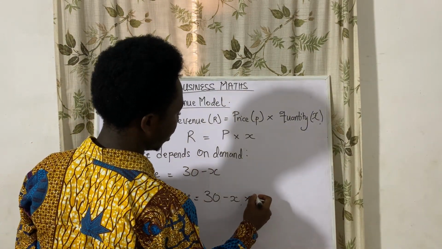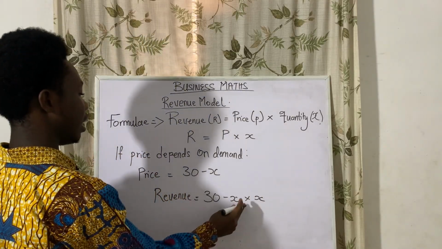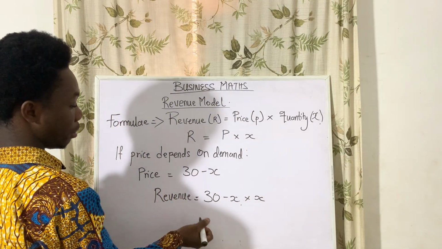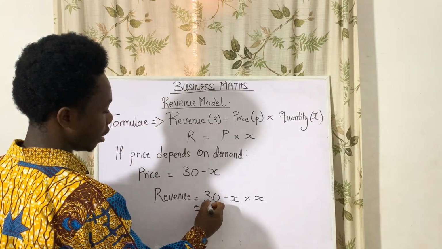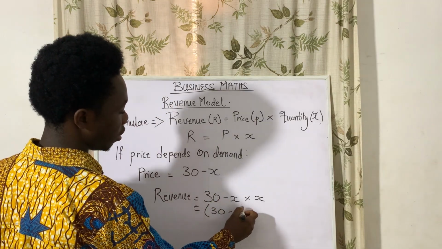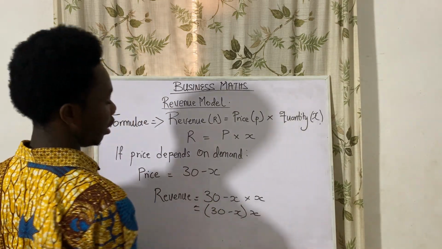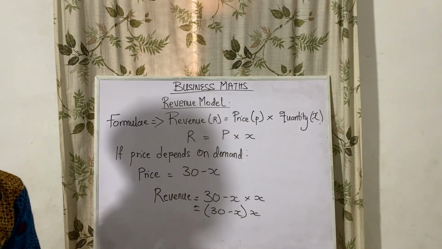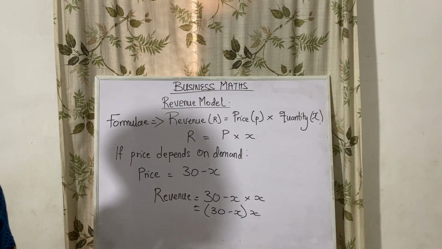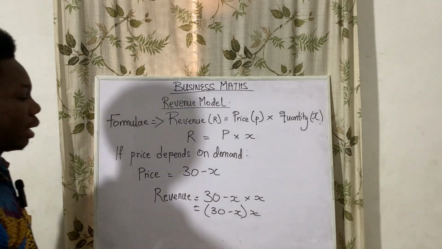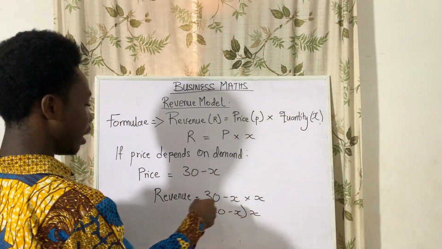Mathematically, you can also write it as X into brackets 30 minus X. Now X is multiplying this.